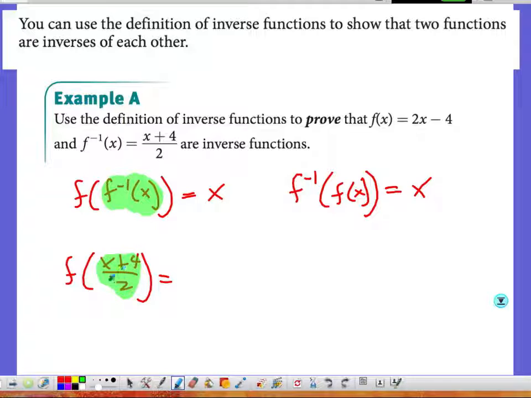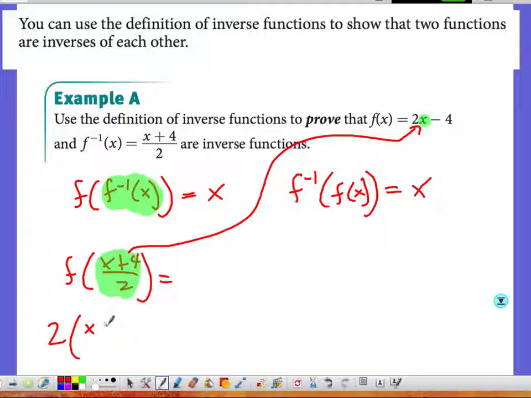We're taking this and we're plugging it in for x in my f of x function. And so what does that look like? It's going to look like 2 times, I'm taking that and replacing it with x. So we have 2 times (x plus 4) divided by 2 minus 4. There we go.